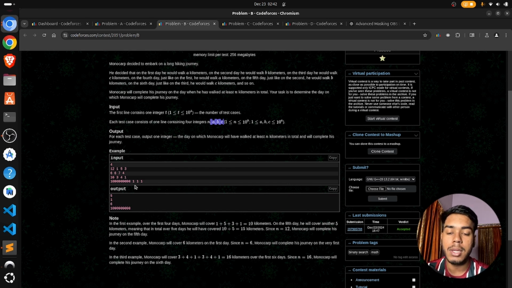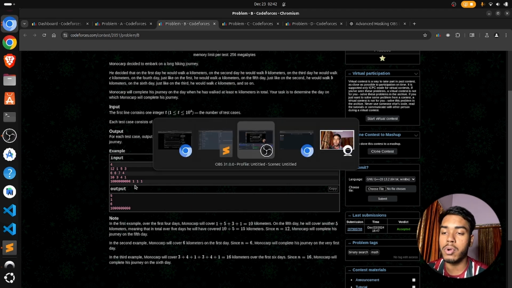But when you surpass n kilometers, you can find that by using division, like you have to find the ceiling value. After finding the ceiling value, you can simply check the three numbers. I will show you the code also.